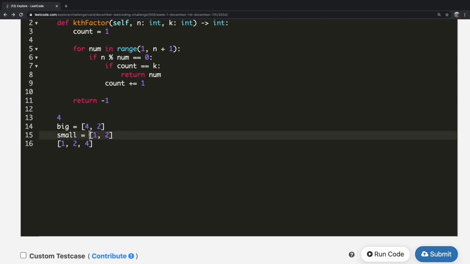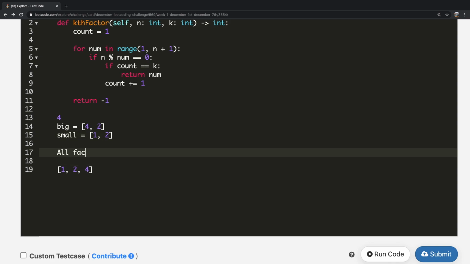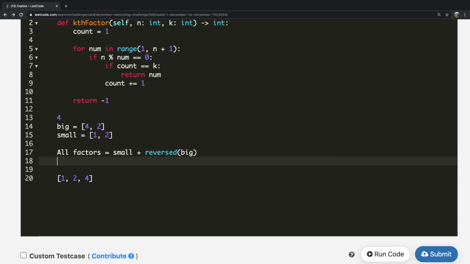Okay, one more thing. Over here we have the big factors, 4 and 2, and the small factors are 1 and 2. So how exactly do we get all of the factors? Let's make something called all factors, and all factors is going to be the small values plus the reverse of the big values. The small values are 1 and 2, so let's add that.